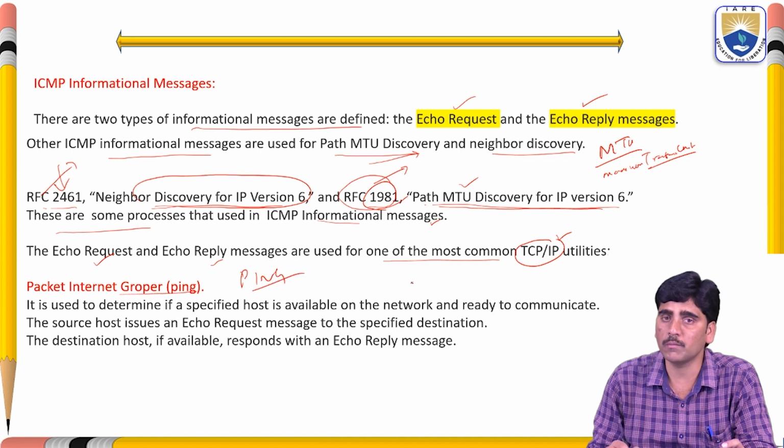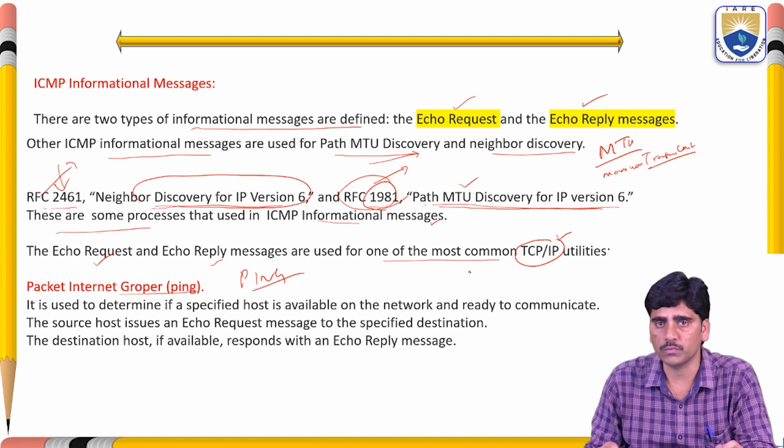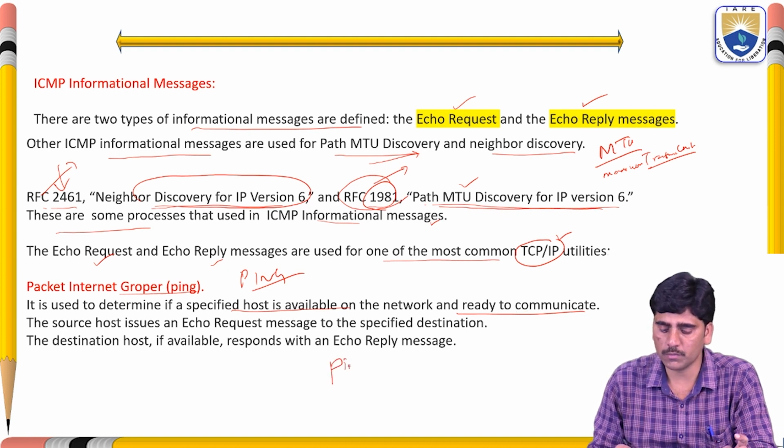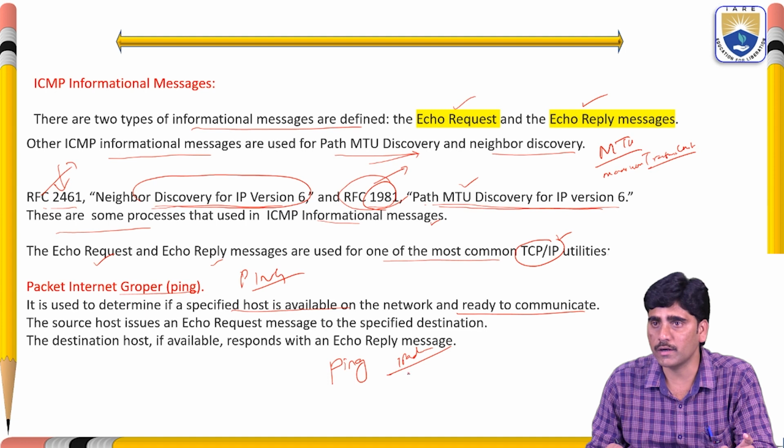Ping is fully formed as Packet Internet Groper. It is used to determine if a specified host is available on the network and ready to communicate or not. You can type ping, a space, and then give an IP address or a domain address like www.zntu.ac.in. This is one target, or one host, and you are contacting this host with the help of the ping command.